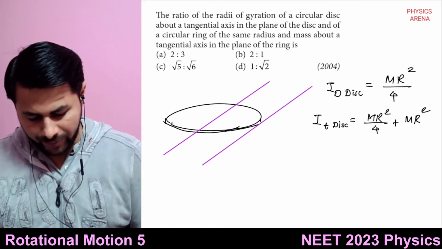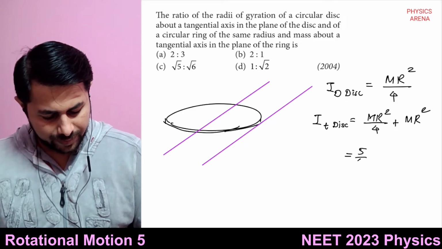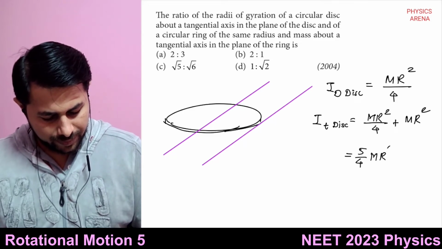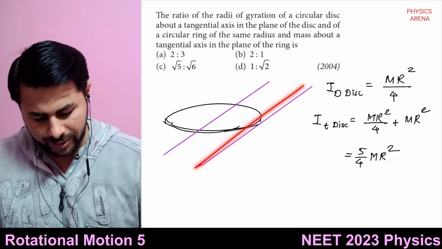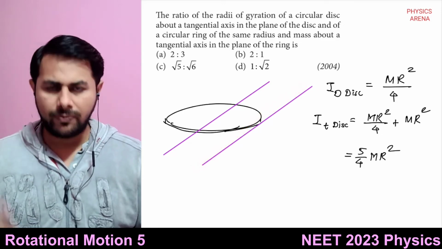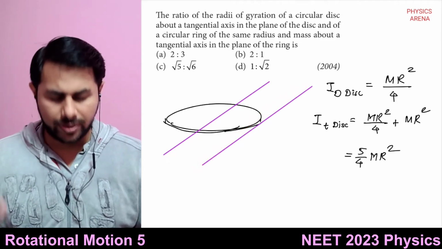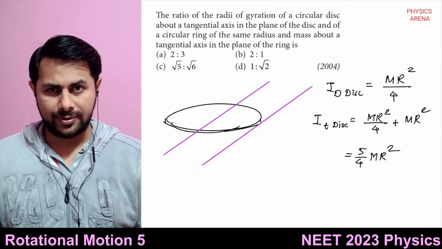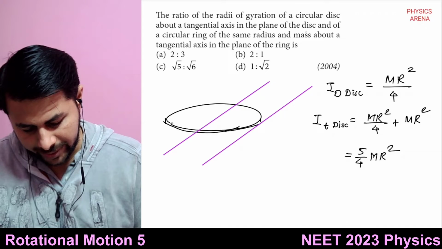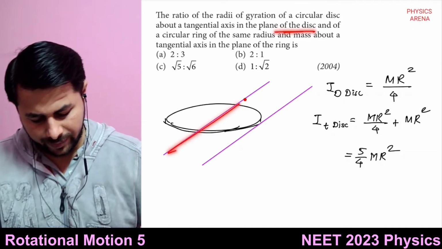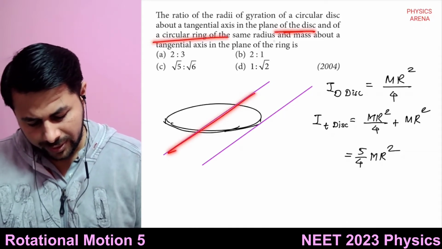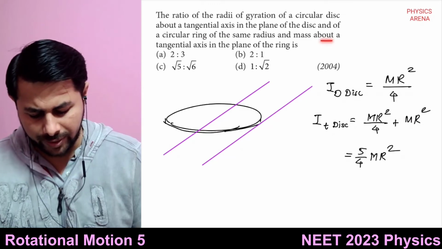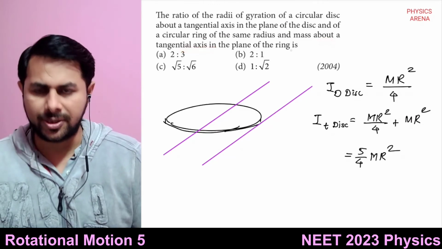So that is 5 by 4 mr square, right? So we found moment of inertia of a disk about a tangential axis which is in plane of a disk, okay, and circular ring of same radius and mass about tangential axis in plane of the ring.